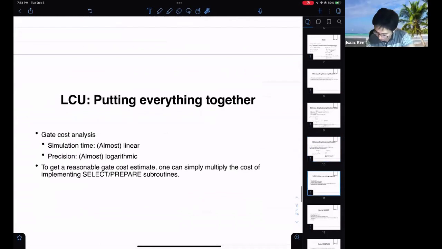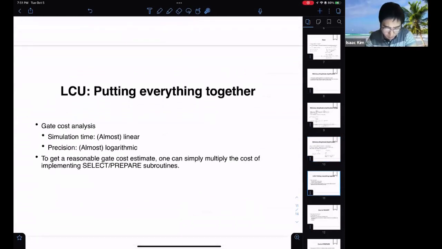Okay, so now we can put everything together, because now we really do have everything. I've shown you how to apply a linear combination of unitaries operation by using select and prepare, and I've also shown you how to boost the probability.